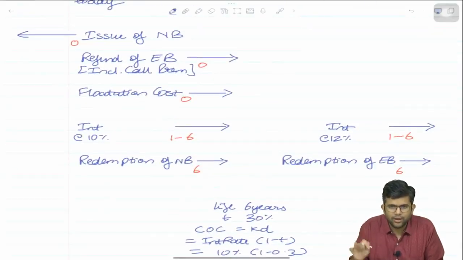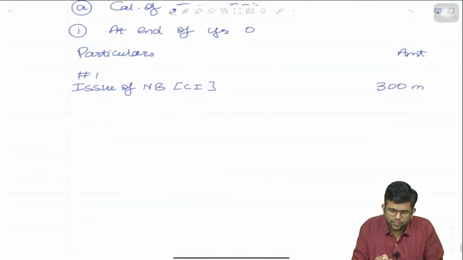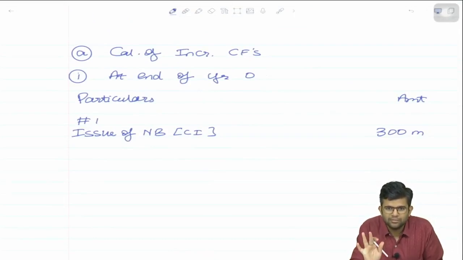Refund of old bond, at year 0. I hope you remember year 0: generally we show the outflows as positive and inflows as negative, and we get the final outflow. You understand what I'm trying to say? But still, it's okay if we do it like this also.